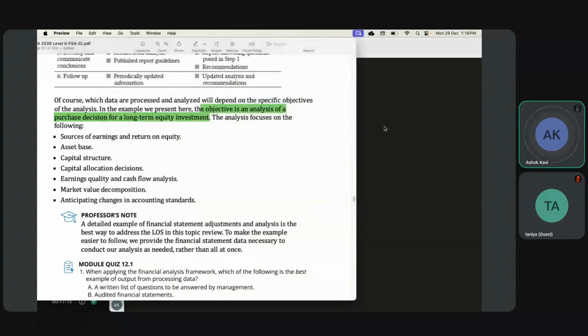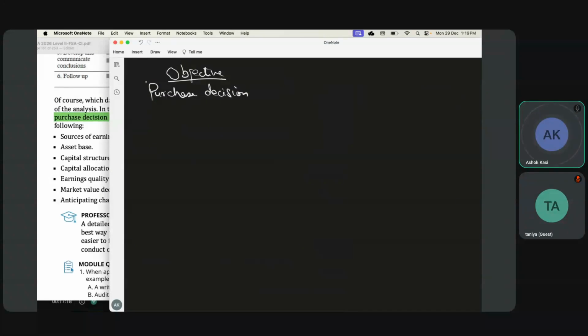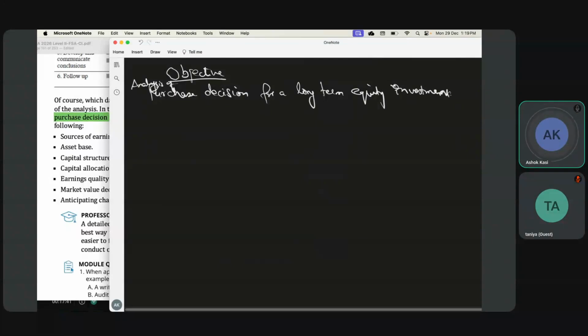Analysis of purchase decision for a long-term equity investment.